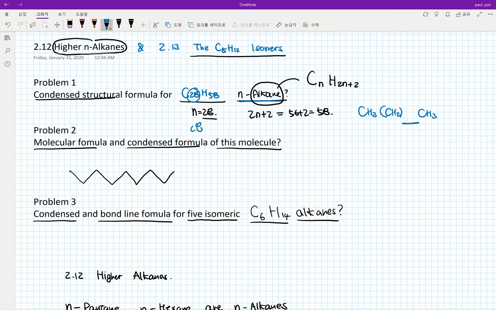So 28 minus 2 end carbons will give you 26. Therefore, the answer is CH3, CH2, 26 of them, CH3. There we have 1, 2, 26, total 28 carbons.